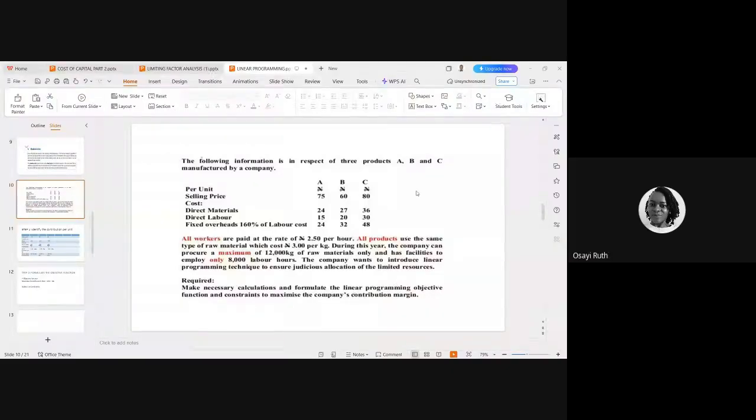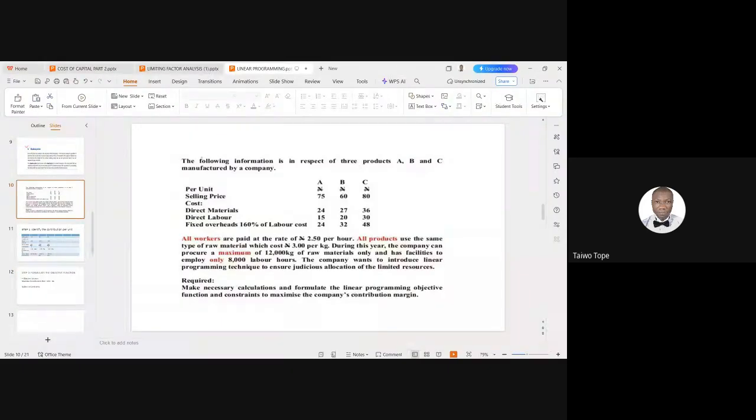Material and labor. Raw material and labor. Okay, material and labor.